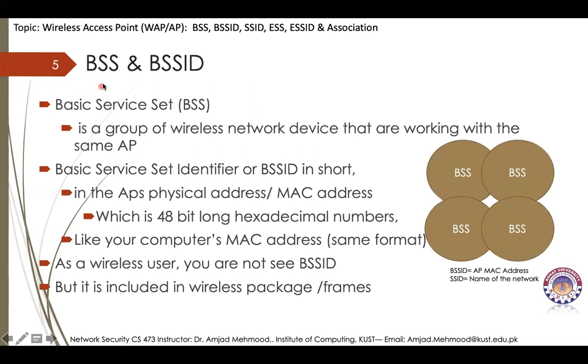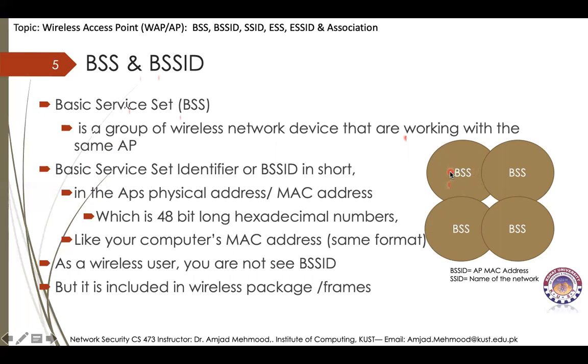Now, come to BSS and BSSID. BSS stands for Basic Service Set, which is a group of wireless network devices that are working with the same AP. So if you take this as an example, if the nodes are working within the range of this, we call it a BSS, Basic Service Set.